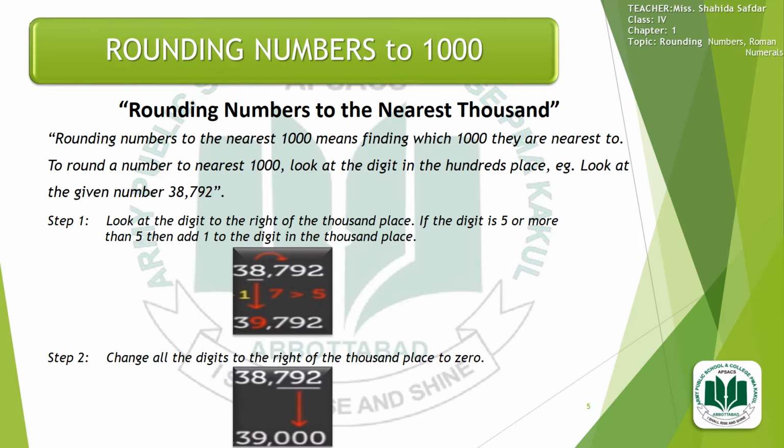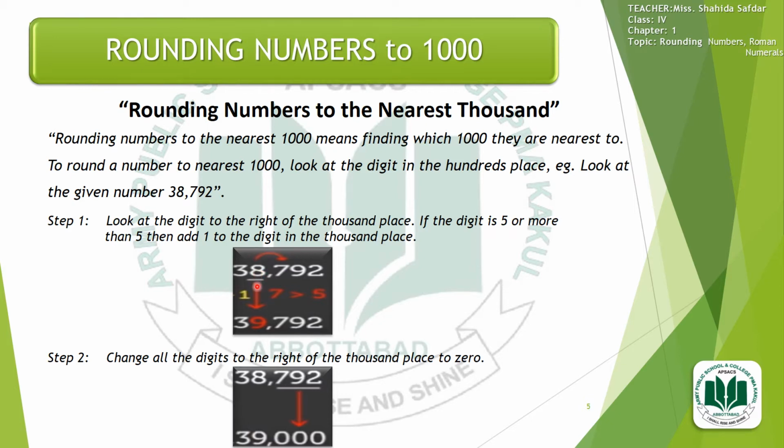For example, look at the given number, that is 38,792. Now, to round off this number to nearest thousand, we have to follow two simple steps. Step 1 is look at the digit to the right of the thousand place. Here you can see the digit to the right of thousand place is 7. We know that 7 is greater than 5. So we add 1 in the digit which is at thousand place.